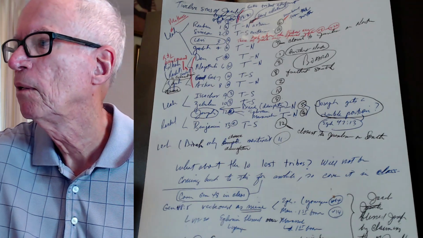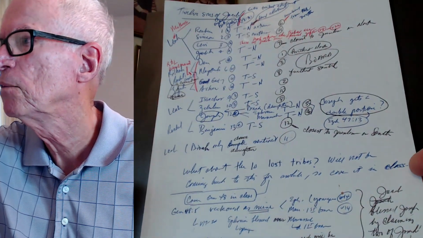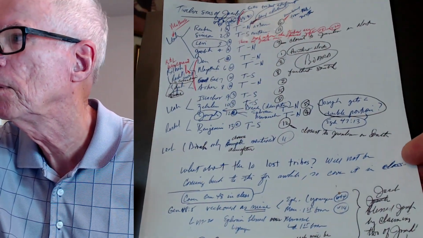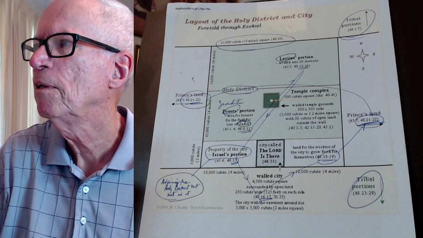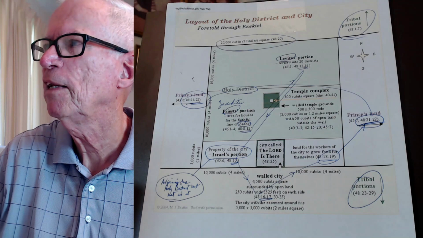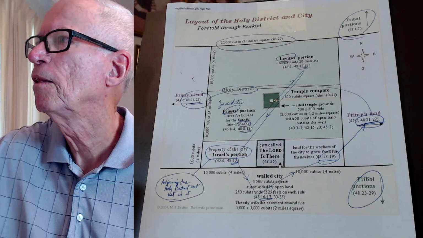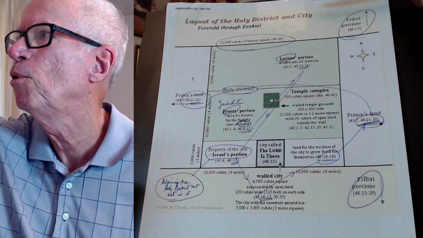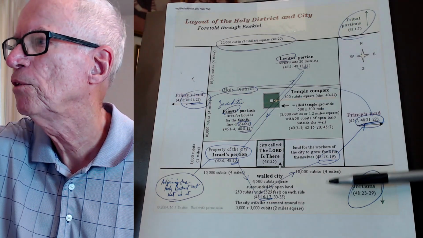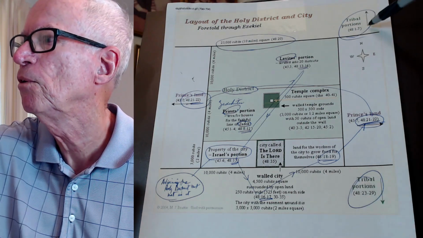All right. I don't think there's anything else on here I need to tell you. If I do, I'll come back. Okay, you can tell I didn't do this one. I've scribbled all over it, but the normal tribal portions are up this way, and the southern tribal portions are down here. There's the note of that.